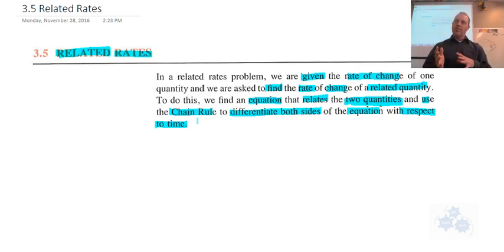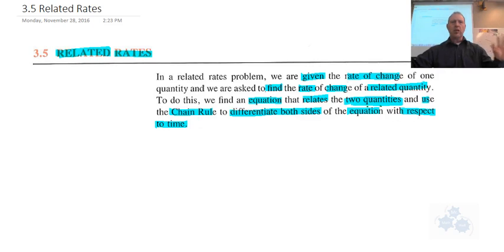Well, now time is the preferred variable, so the derivative of volume would be V prime, the derivative of the radius would be r prime, the derivative of the height would be h prime, the derivative of the length would be l prime, and so on. Nothing is now 1 when you take the derivative of it. And that allows us to do these types of problems.